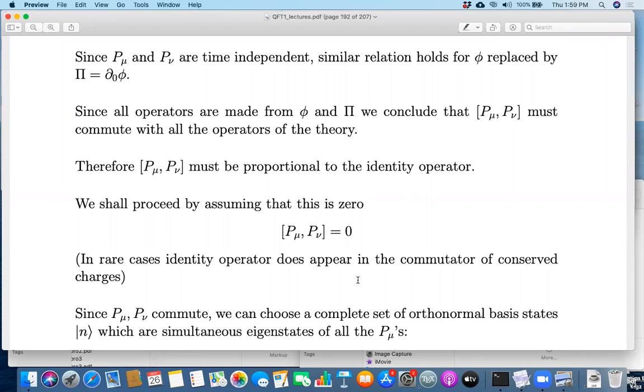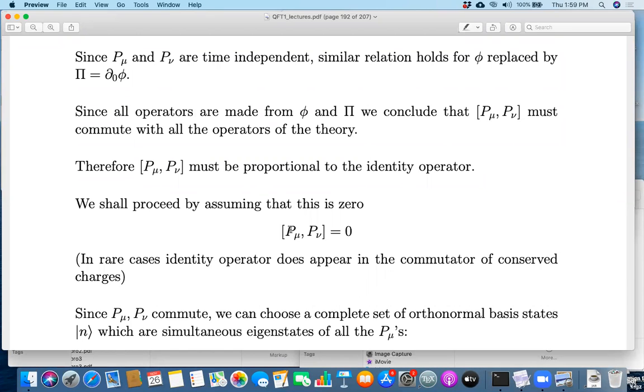So P mu and P nu are conserved charges, so they commute with the Hamiltonian. So if I take P mu and H in the Jacobi identity, then I should get this from there as well. Yeah, okay. See, in this case, of course, one of these is the Hamiltonian. P0 is really minus H. But I should just say that it's not necessary that if the charge is conserved, it commutes with the Hamiltonian, because the charge may have explicit time dependence.